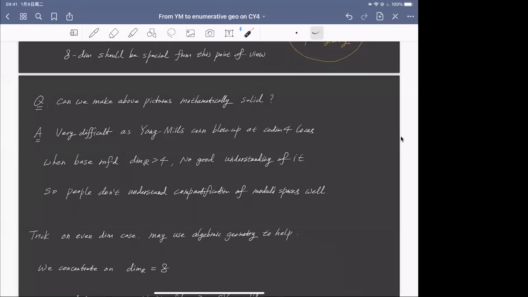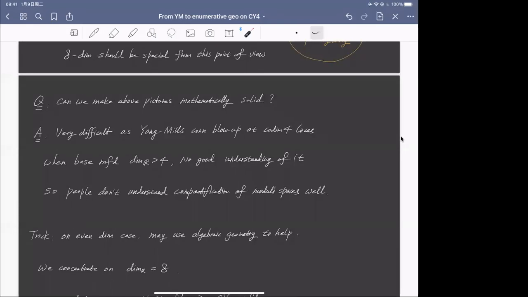But as the dimension gets bigger, it's difficult to describe the locus where the connections degenerate, because such a locus is not necessarily even continuous. You need to use machinery called geometric measure theory to describe such a set.